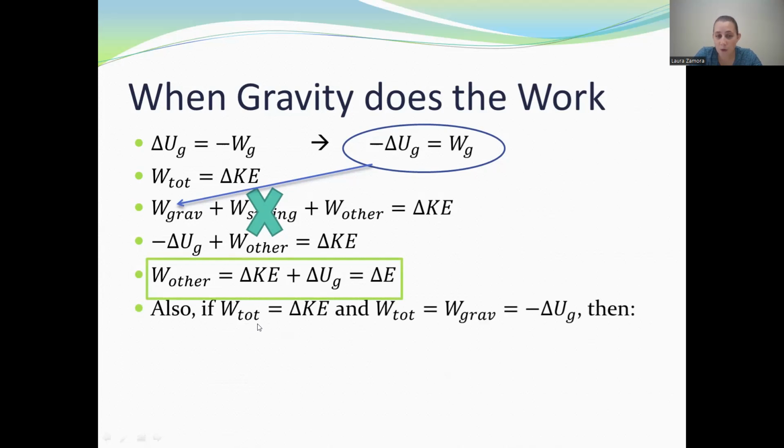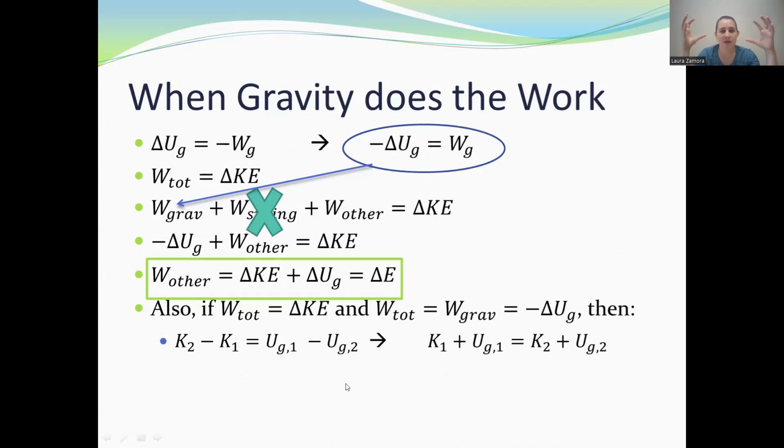If the total work done equals the change in the kinetic energy, but also the total work done equals the work due to gravity, which is negative change in potential energy, then we can combine those equations and rewrite it as such.